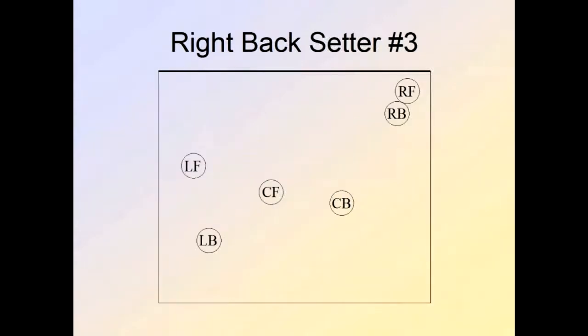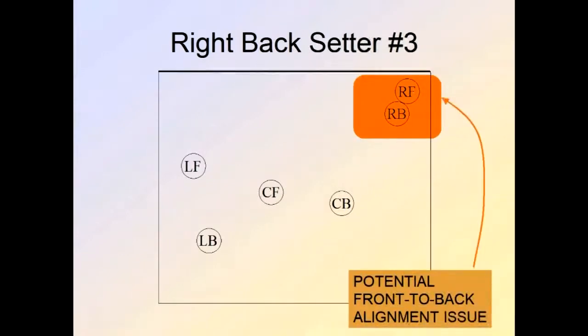Here is another potential setup for the right back setter. You will notice that the right back setter has pushed the right front player closest to the net, and nearer the right side boundary, causing a potential for a front to back alignment issue.